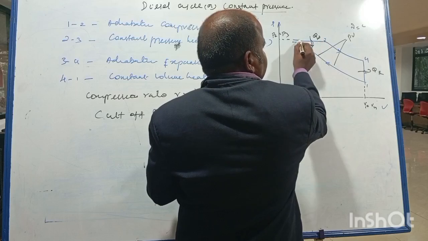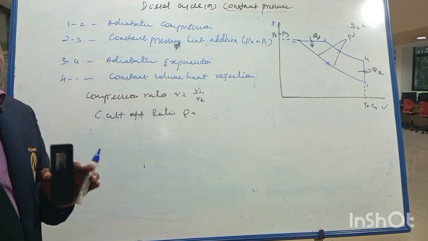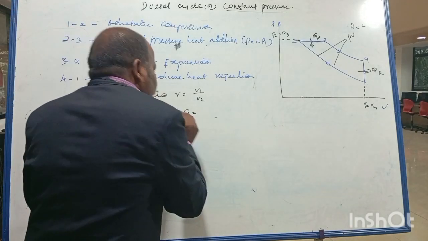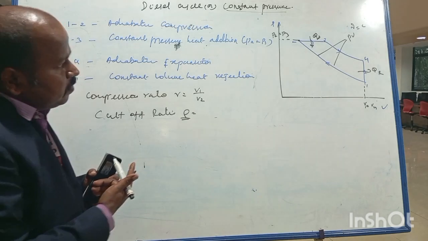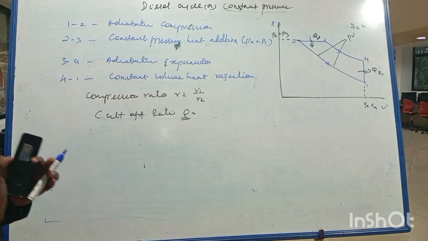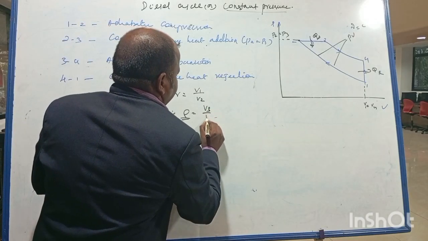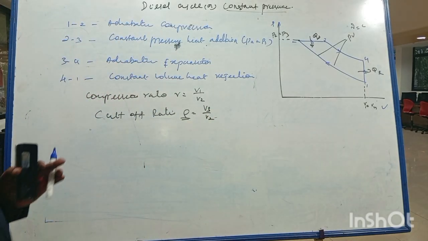From point 2 to point 3, heat addition takes place. Exactly where it will be cut off is decided by the cutoff ratio rho. It is defined as the volume after heat addition divided by the volume before heat addition. So V3 divided by V2 is called the cutoff ratio, right?